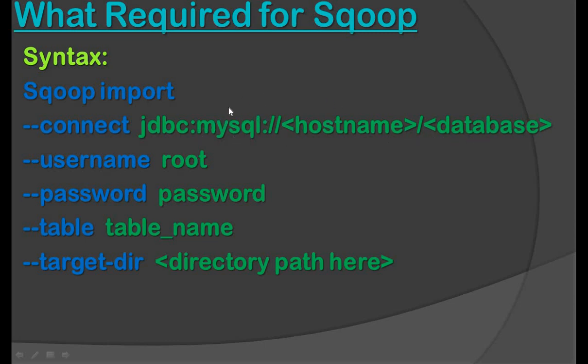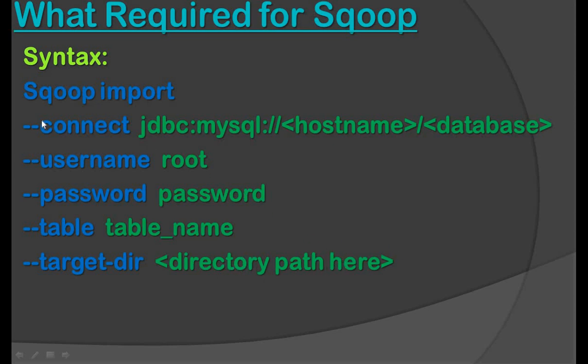Here we are going to connect to MySQL, that's why we put mysql here. After that, hyphen hyphen username space root, hyphen hyphen password space password, hyphen hyphen table space table name, and hyphen hyphen target-dir space target directory path.